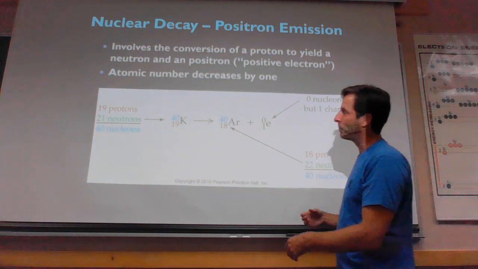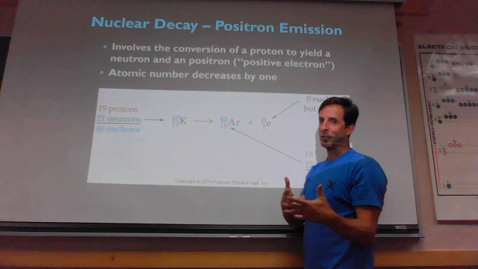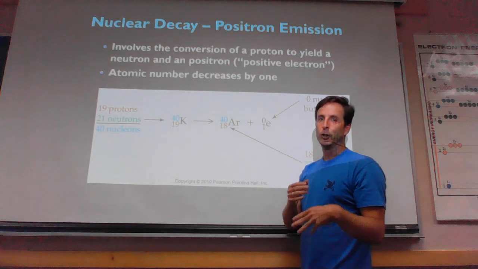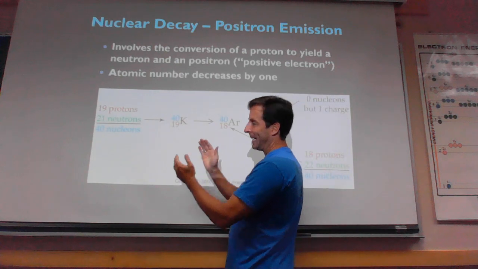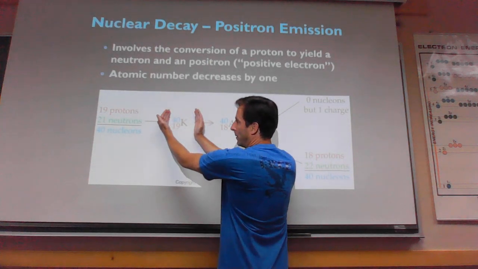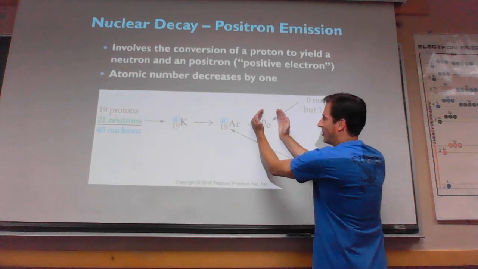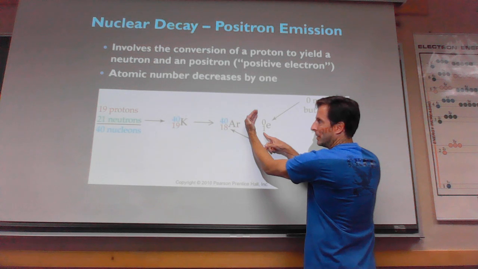Here's an example. Potassium-40 undergoes positron emission. If you were told that, you should be able to write the reaction out yourself. You write out the reactant is potassium-40 with its atomic number of 19. You write down the positron that's being emitted. It's an electron with a positive charge.